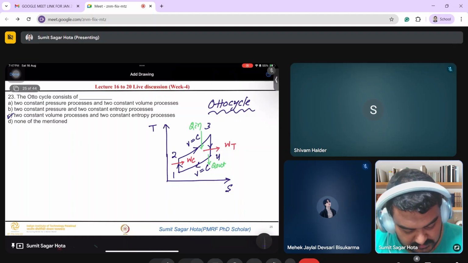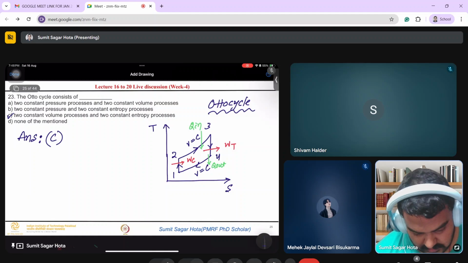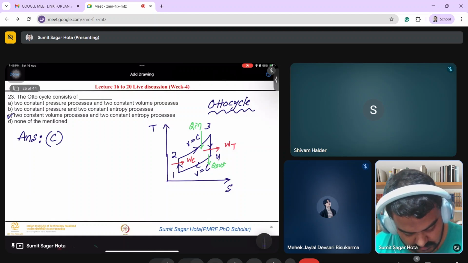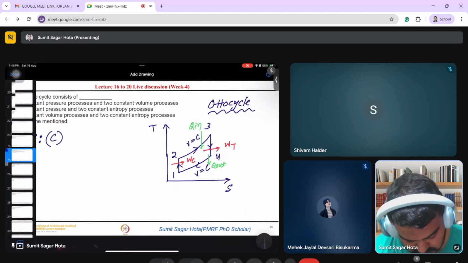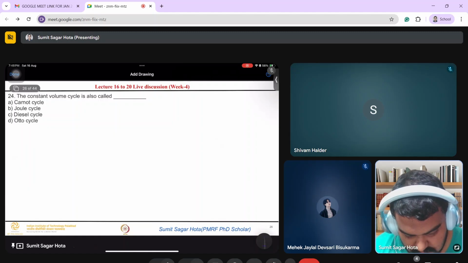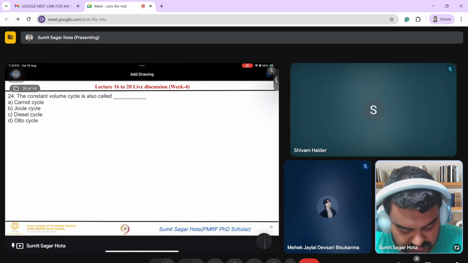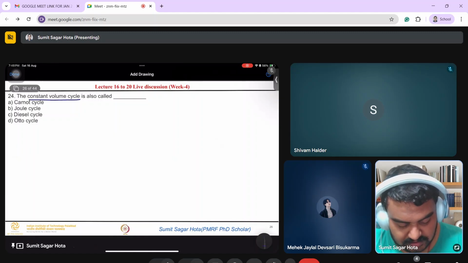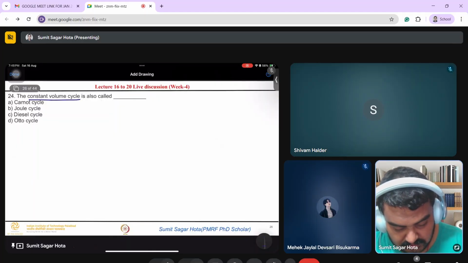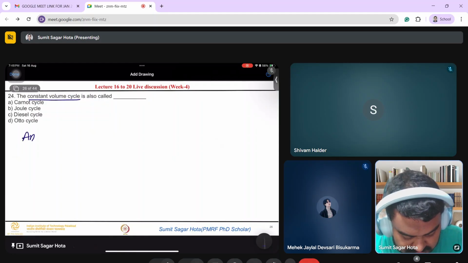Okay, the answer is C. So this Otto cycle is also known as the constant volume cycle, because there is constant volume heat addition and heat rejection. So these Otto cycles are also known as the constant volume cycle.